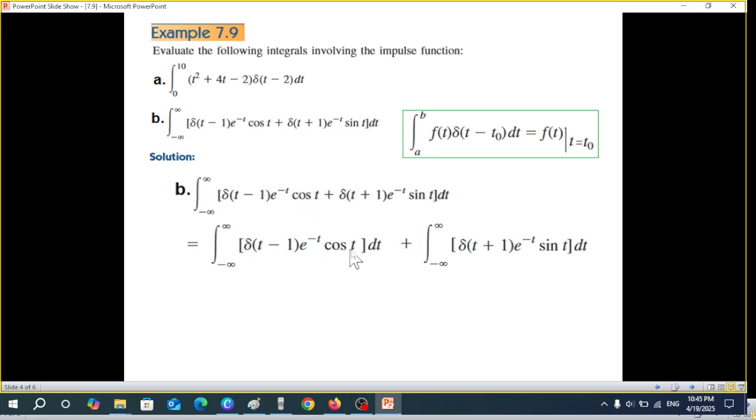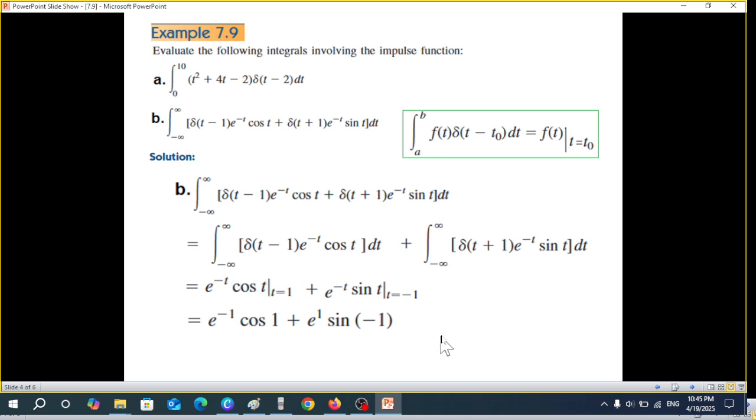We separate this into two parts. The cosine term e^t cos t is shifted by t equal to 1, so we write e^t cos t with t equal to 1. Similarly, the second part is e^(-t) sin t, and now t is equal to -1. Now putting t equal to 1 and -1, we get this equation.